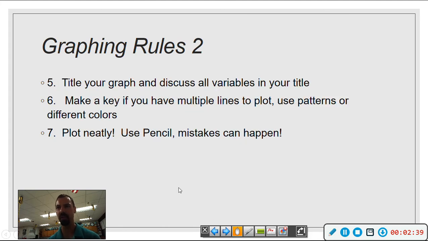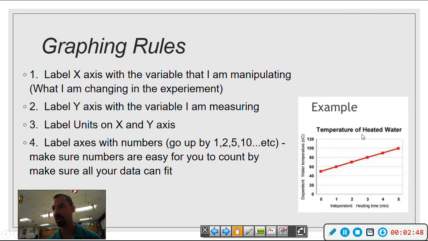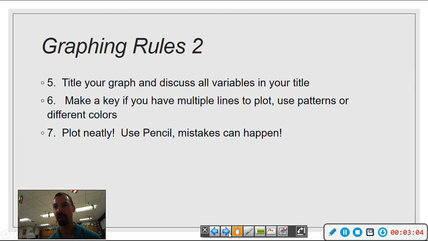Okay, titling your graph, you're supposed to discuss all the variables in your title. So in the case of the one you just saw, temperature of heated water, actually didn't do that 100% properly. It should be temperature of heated water over so many minutes. You could do a more descriptive title, and that's actually a better way to go about things.